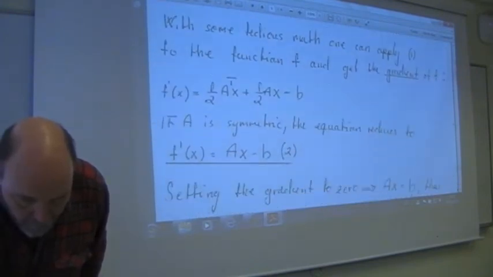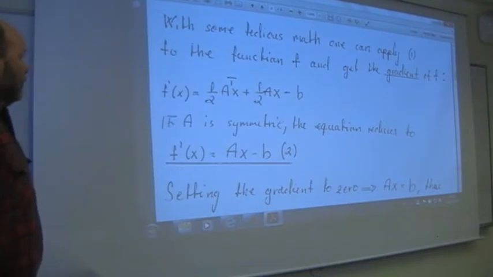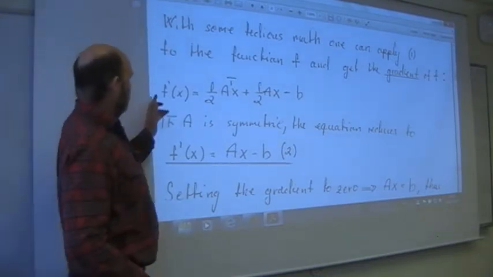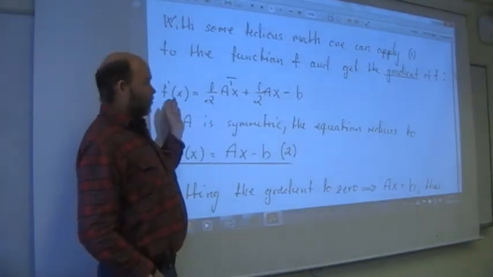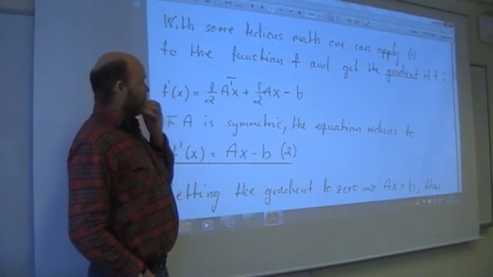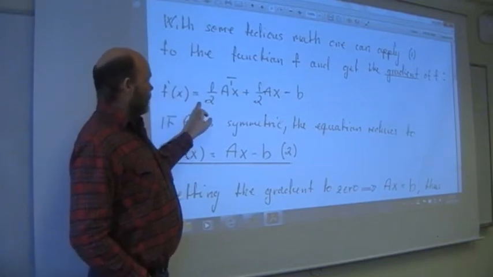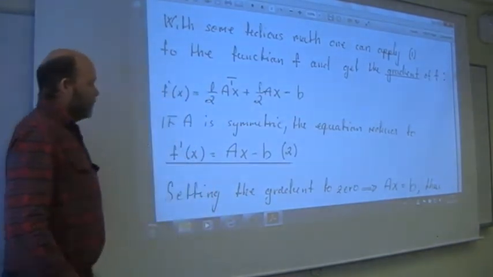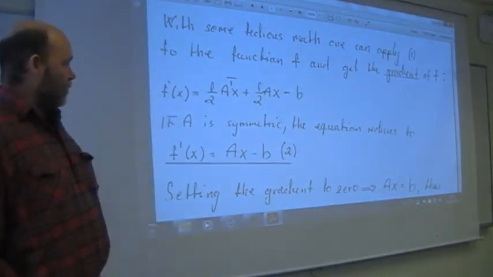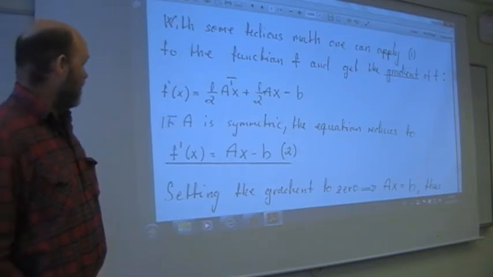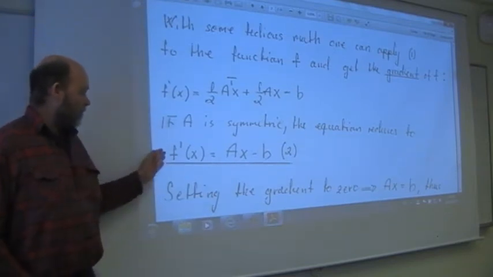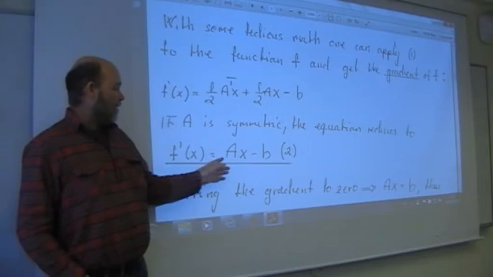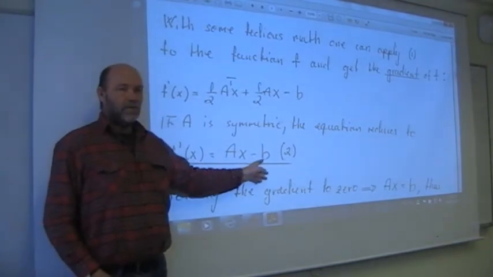So if you write the derivative on matrix form of this strange f function that we just invented, it will in general look something like this. And if this A matrix is symmetric, which it normally will be, then you see this f derivative reduces to our initial equation system.